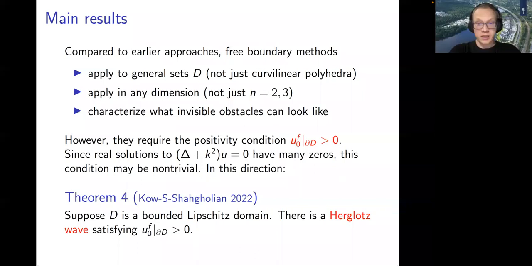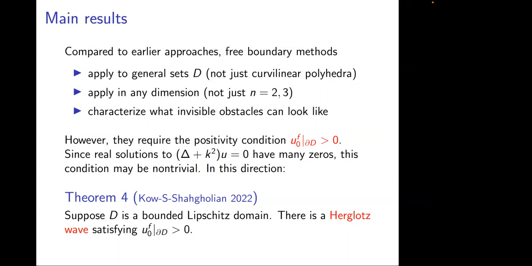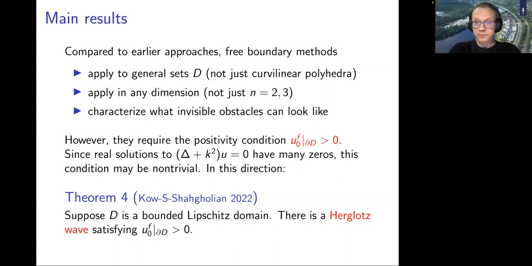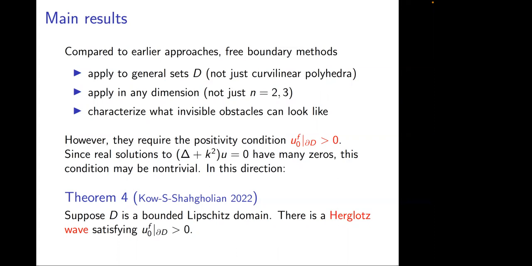For instance, if k is a Dirichlet eigenvalue, this theorem 4 can fail. So you cannot find a positive incident wave on the boundary of D. That's right. But the interest is that it's not a transmission eigenvalue, right? So then the restriction is not that bad. Yeah, thank you, thanks very much.